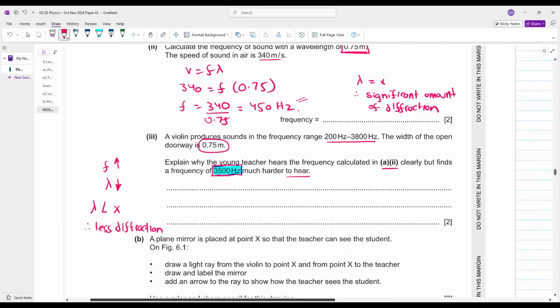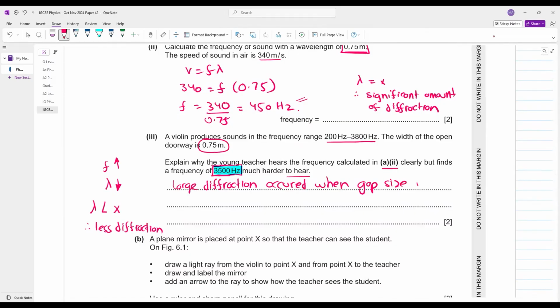So how will you write this answer? You will say: large diffraction occurred when the gap size was equal to the wavelength.